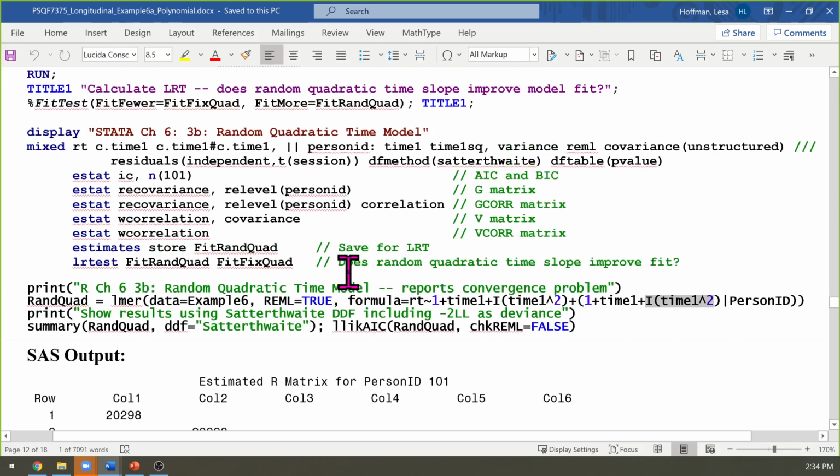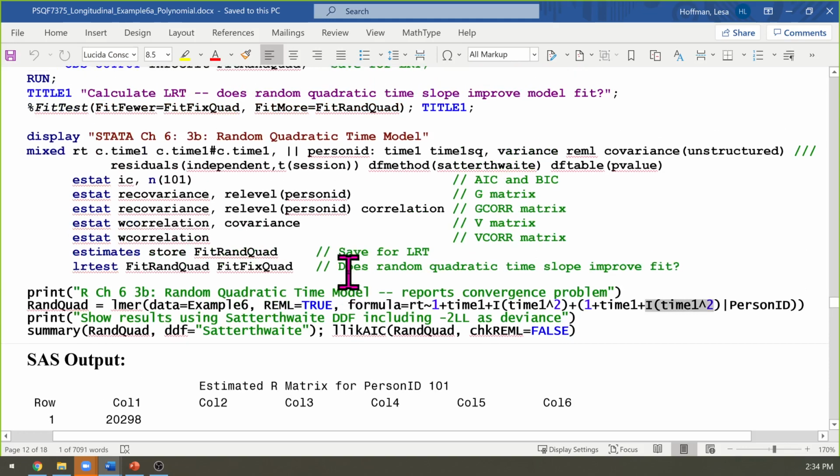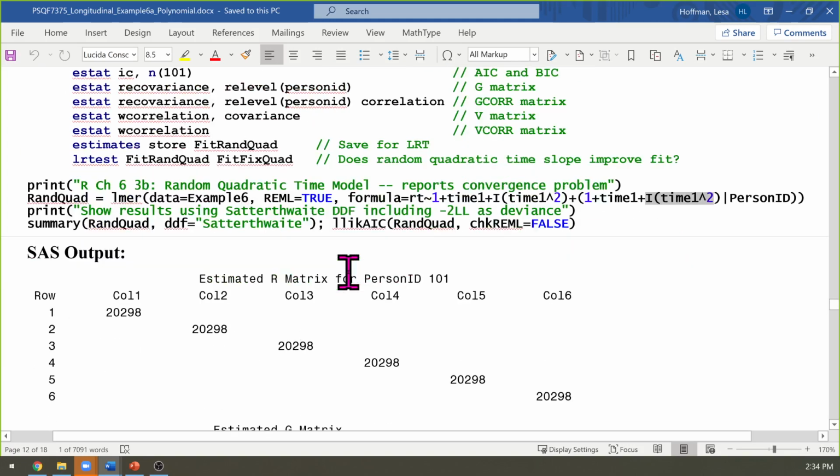So once you figure out how to get your software to take the time squared variable as a random effect, then you're home free. Except, I found that the same model for this data and in your homework data, by the way, in lmer, threw a convergence error. And when I reran it in LME, it did not. And it gave the same results as SAS and Stata.